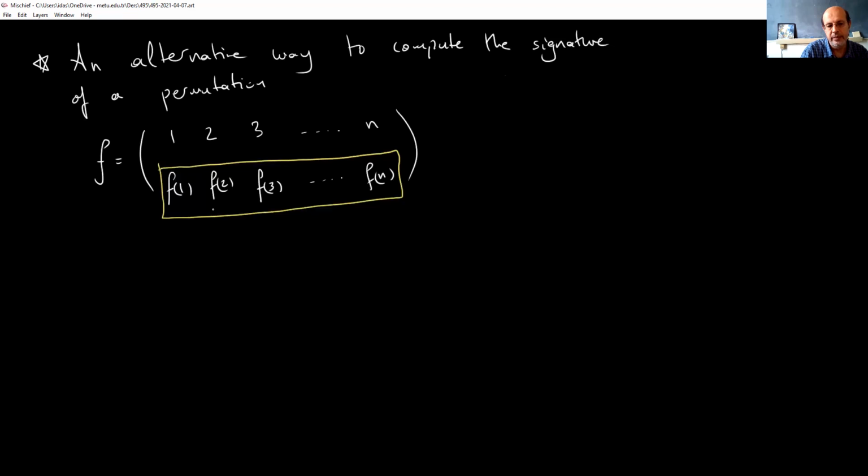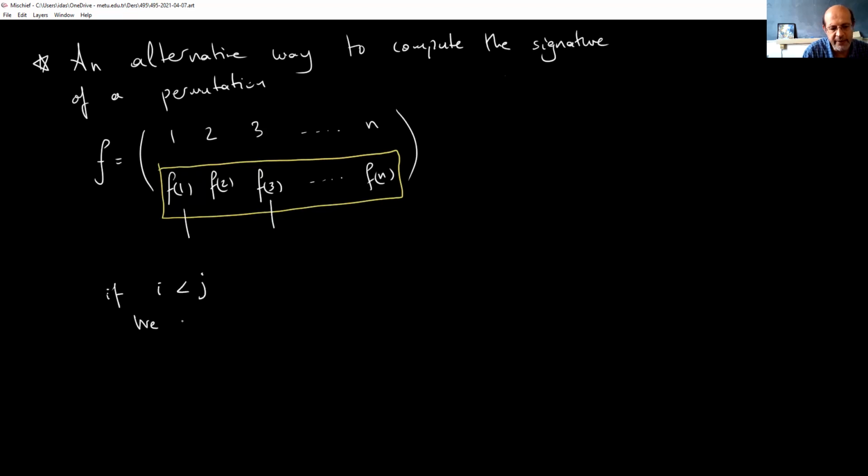In any case, by just looking at this sequence, I can easily decide whether the permutation is even or odd. Let me say it like this. I'm just going to look at 2 elements in here, like F1 and F3, for example. Say if i is less than j, I'm looking for the situation.